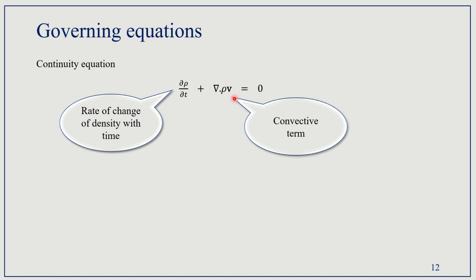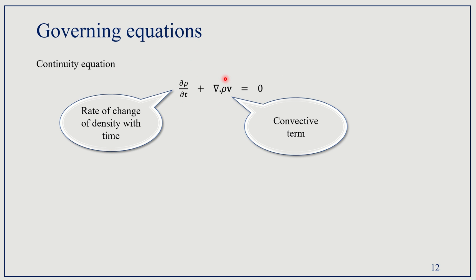So we have the rate of change of density with respect to time as well as the convective term, which is how fluid flow affects the mass change inside the system. The continuity equation, dou rho by dou t plus del dot rho v is equal to 0, accounts for the change with respect to time as well as the change due to the fluid flow motion.